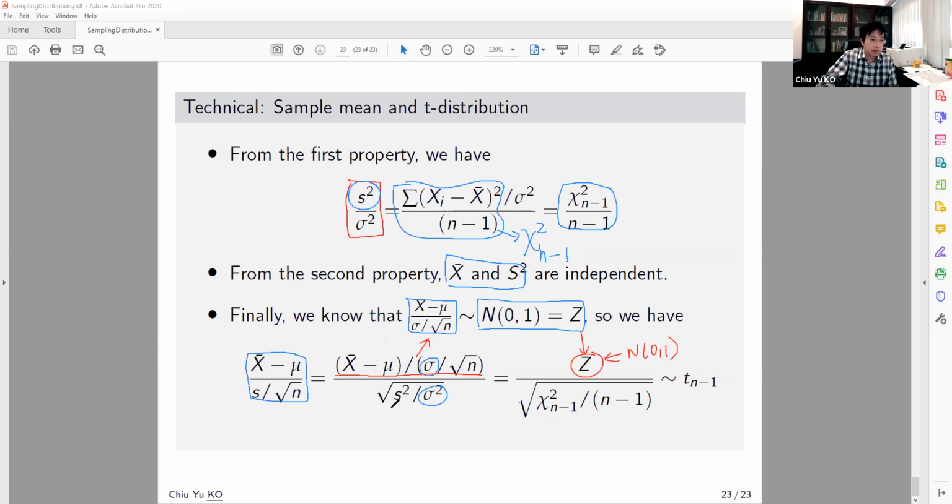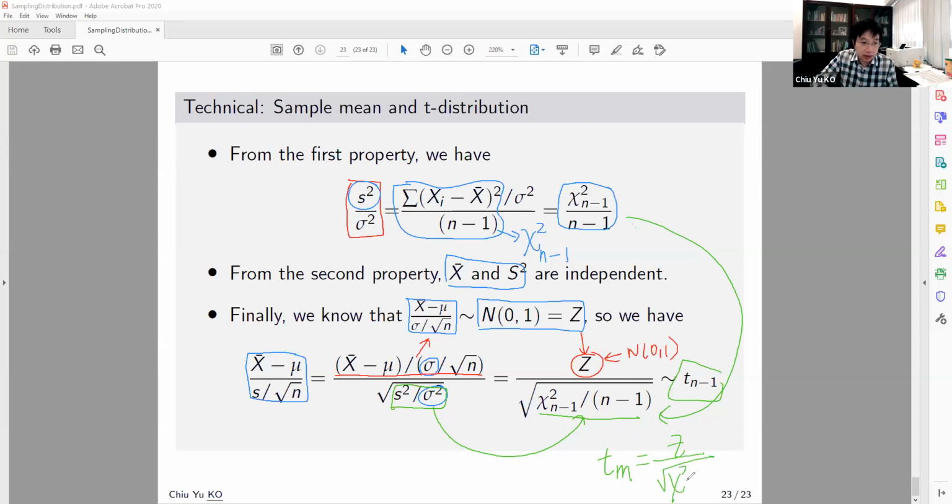And the denominator here, which we are proving, is actually the square root of chi-square n minus 1 over n minus 1. So this is exactly what we mean by t distribution: normal over the square root of chi-square over its degrees of freedom. Because t of m is Z over the square root of chi-square m over m. So that is exactly why this is t.